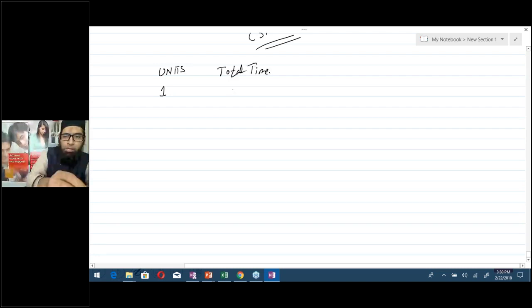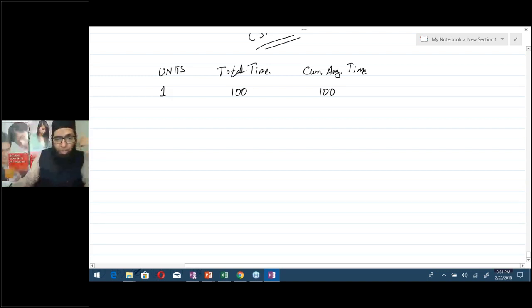Now, if the first unit is produced in 100 hours, then the total time will be 100. And what will be the cumulative average time? Or we can call it the average time. It will also be 100, because if we divide the total time by the number of units, the answer will be 100.